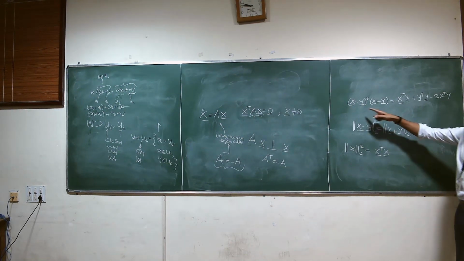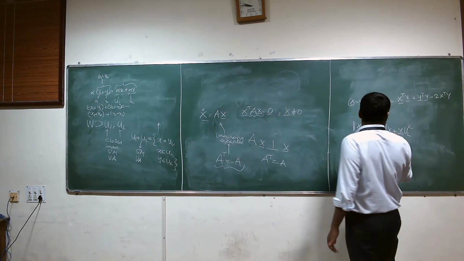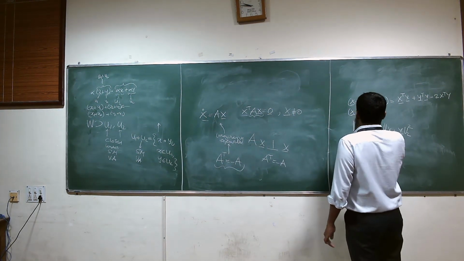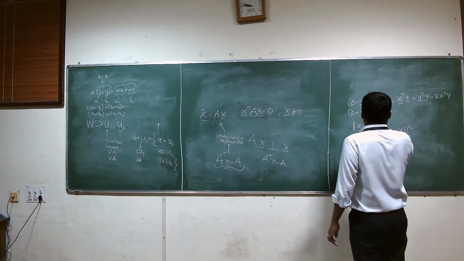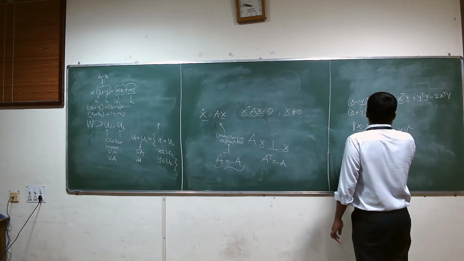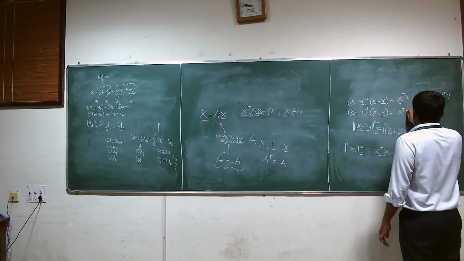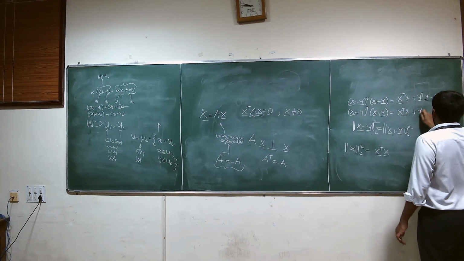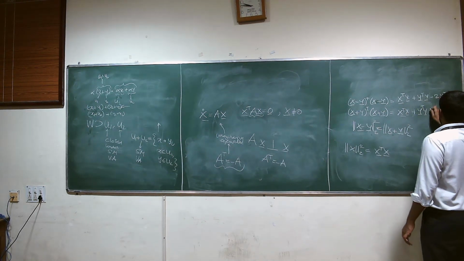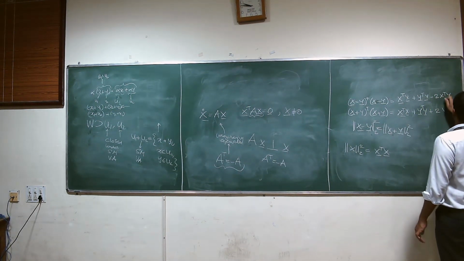Okay. If you do the same thing for this side, then you'll get the same thing, x transpose x, y transpose y plus 2 times x transpose y.